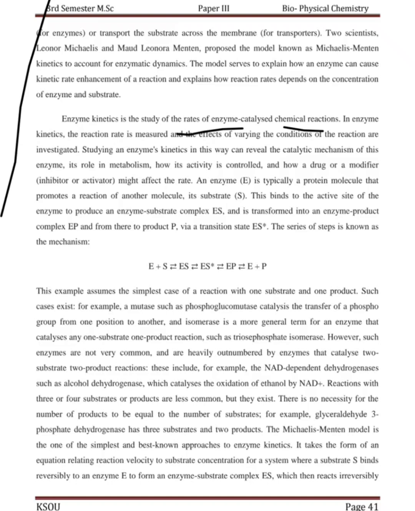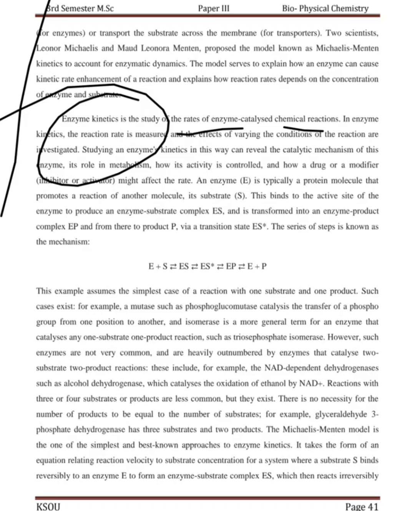Proteins which help us speed up metabolism are known as enzymes. Enzyme kinetics is the study of the rate of enzyme catalyzed chemical reactions. It is mainly the protein ligand interaction, where we study the rate at which the reaction is taking place.